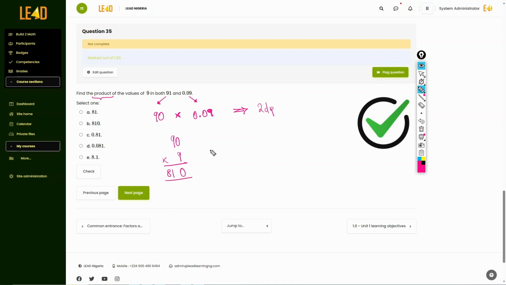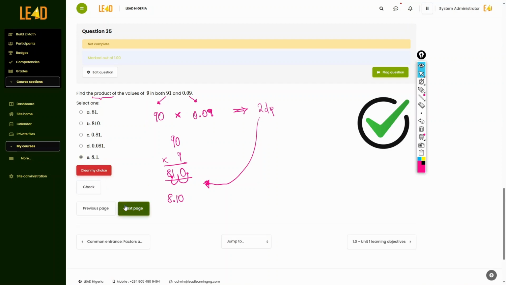So it's 81 with 2 decimal places. If I bring this back in, I go back 2 steps: 1, 2. So my answer will be 8.10. So that's E, 8.1.